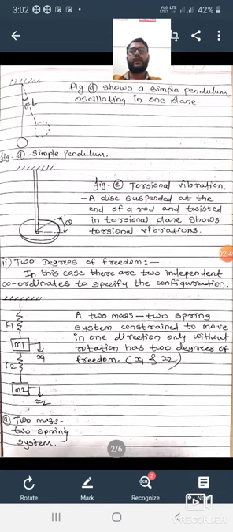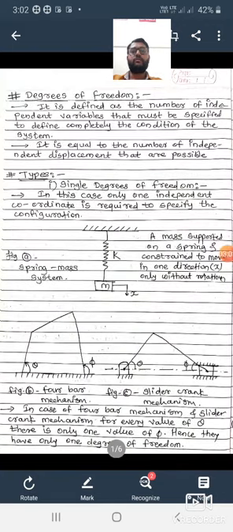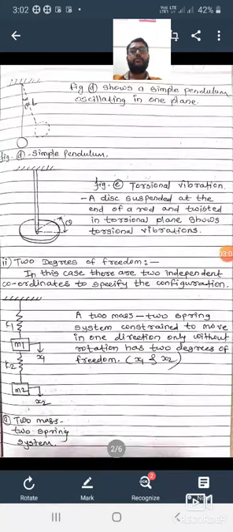Here the twisting angle is theta, that shows the torsional vibrations. So these are some examples of single degree of freedom systems. Here we have to define only one value, that is theta.